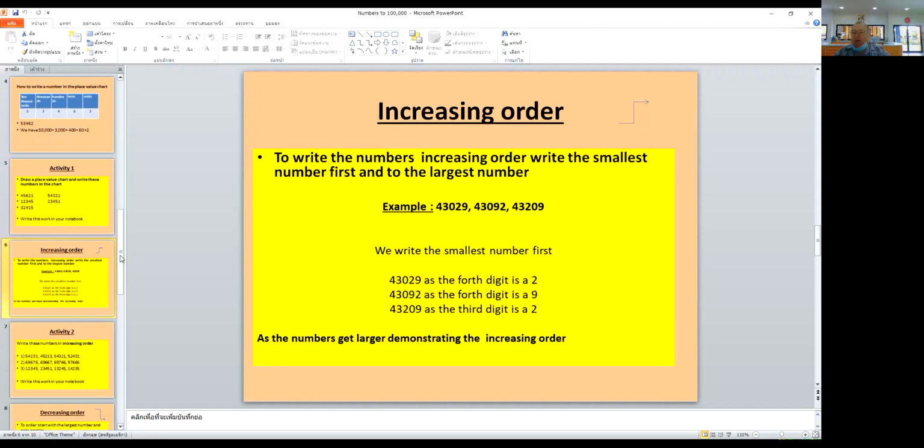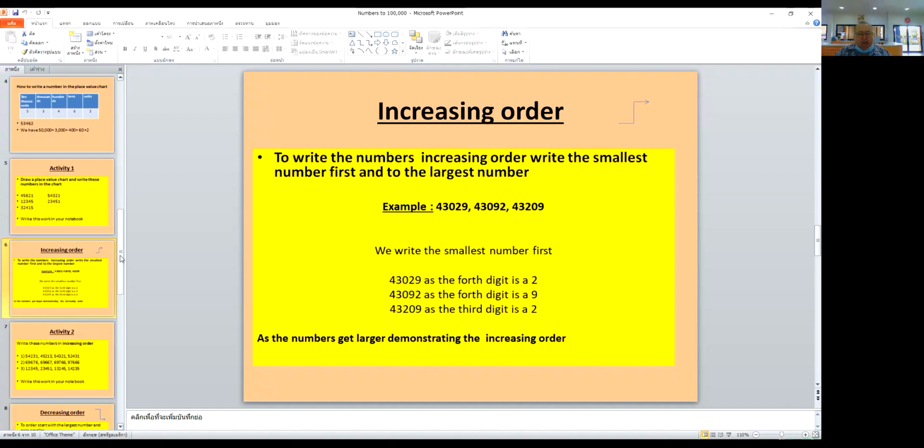Our biggest number that we would be looking at is up to 100,000. So you'll be given a set of numbers, and those numbers you have to put in the correct order. And on the screen is an example of those numbers going from smallest to biggest.